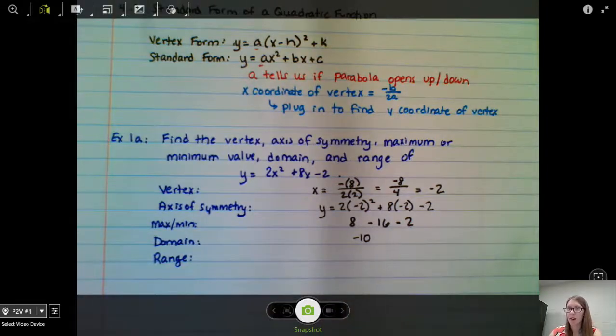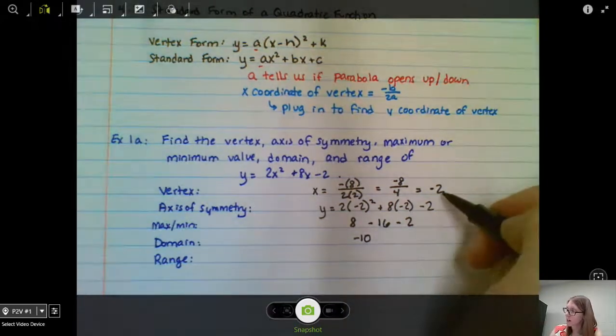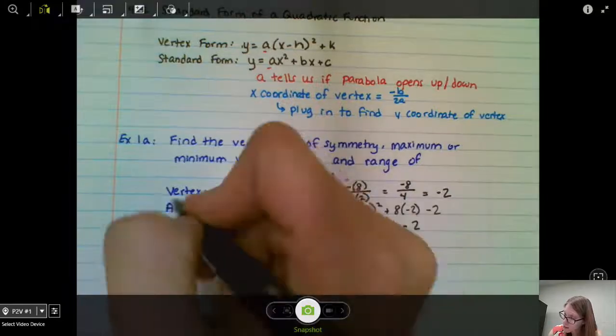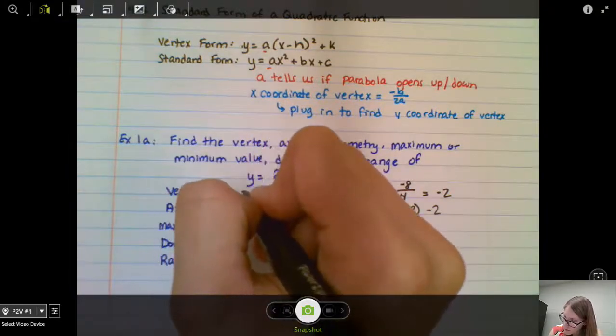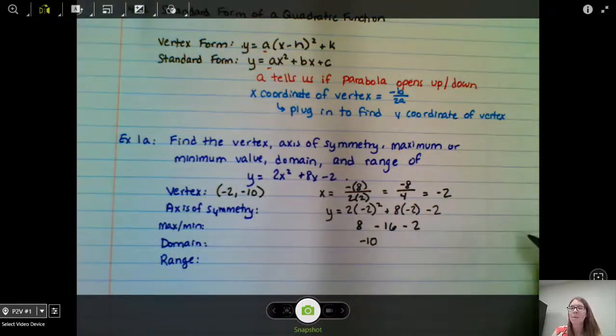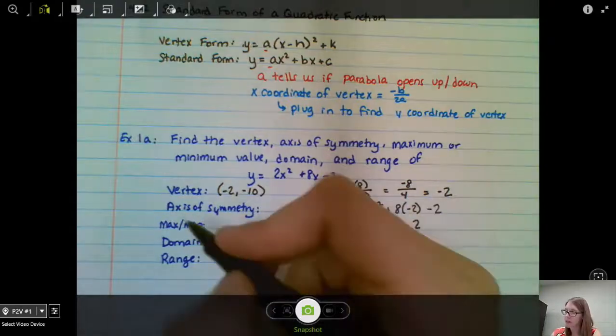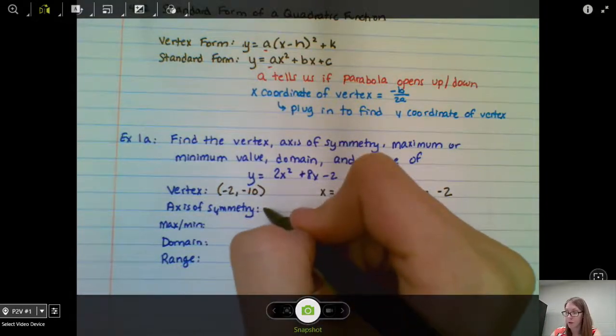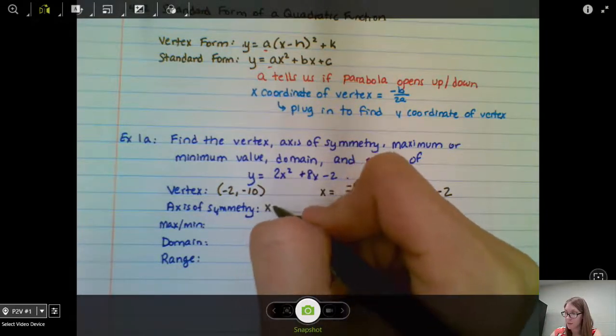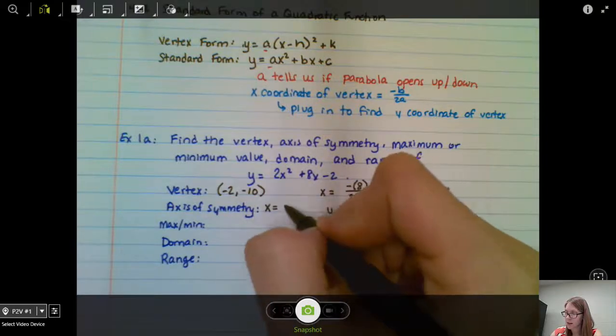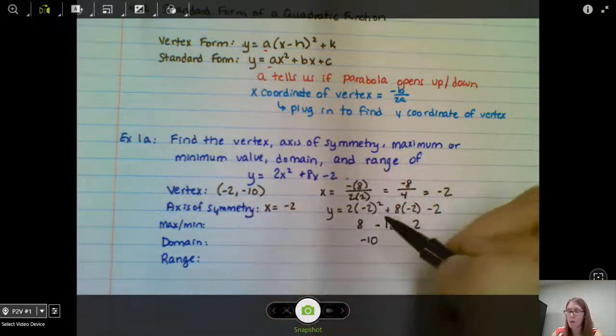Again, negative 10. So put this together. Negative 2, negative 10 is my vertex. The axis of symmetry is, remember, don't forget that's a line. X equals negative 2, the x-coordinate of my vertex.